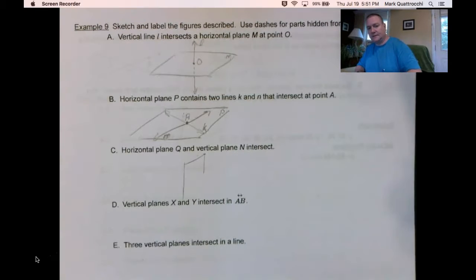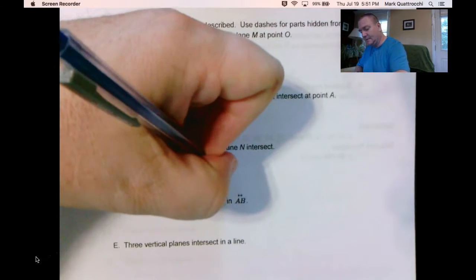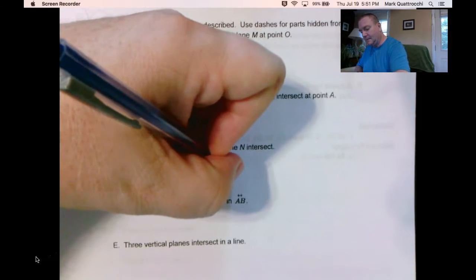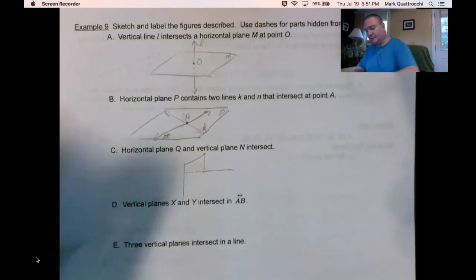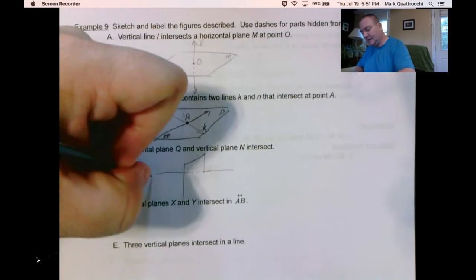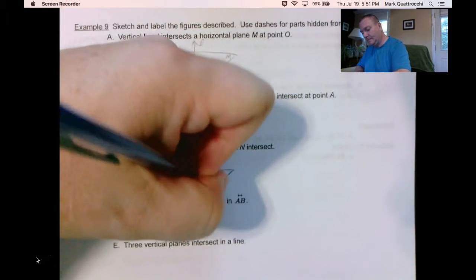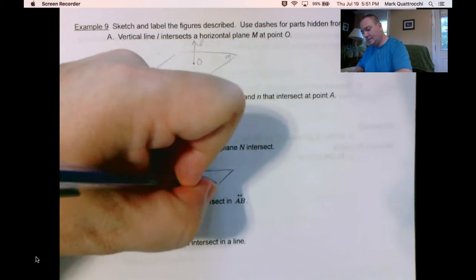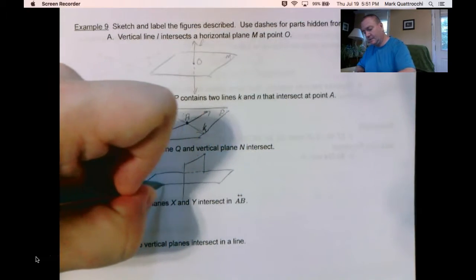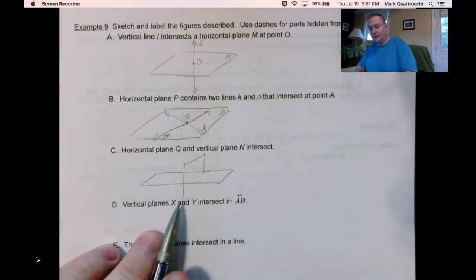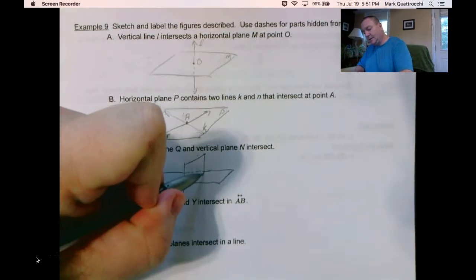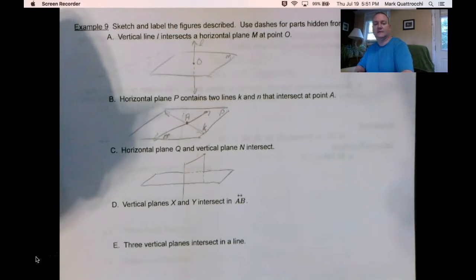And notice I stopped about halfway, maybe even a third of the way, because now I'm going to start drawing the horizontal one and showing the dotted for where it goes behind the vertical and it comes back out. Horizontal front goes perfect all the way through, no dotted. Same with the front of the vertical, no dotted. But now part of the vertical back has dotted.